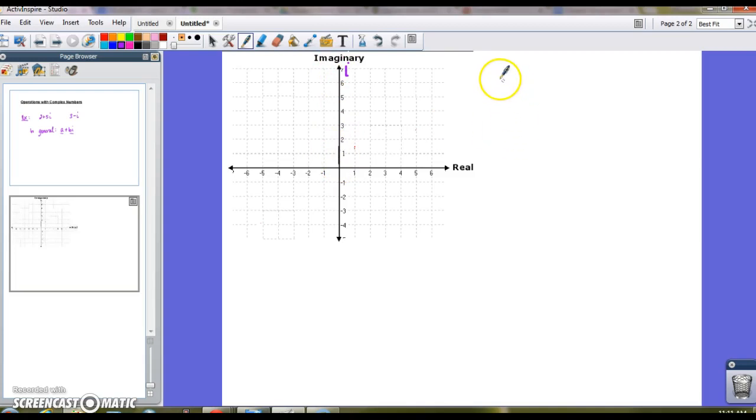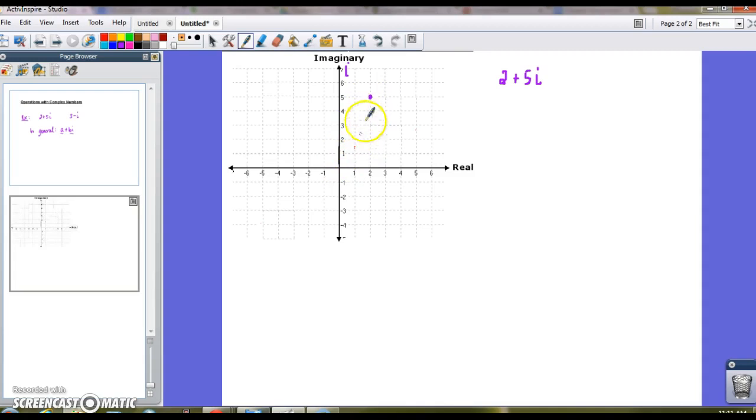So for example, if I was going to graph 2 plus 5i, I would go 2 on the real axis and 5 on the imaginary axis. Okay, 2 on the real axis, 5 on the imaginary axis.